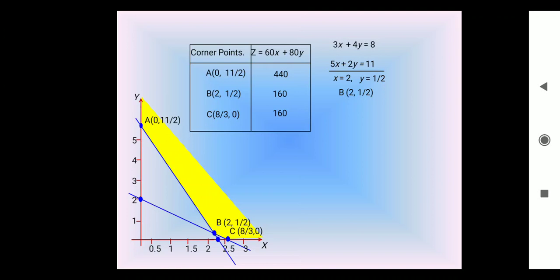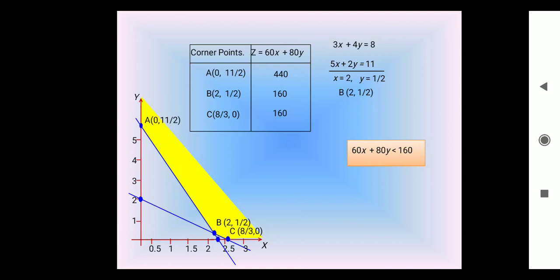By observing the table, one can say that the minimum value of z is 160, since the graph is an unbounded graph. Therefore, 160 may or may not be the minimum value of the given linear objective function. For this reason, we have to consider one more inequality, that is 60x + 80y < 160, to find whether 160 is a minimum value or not.